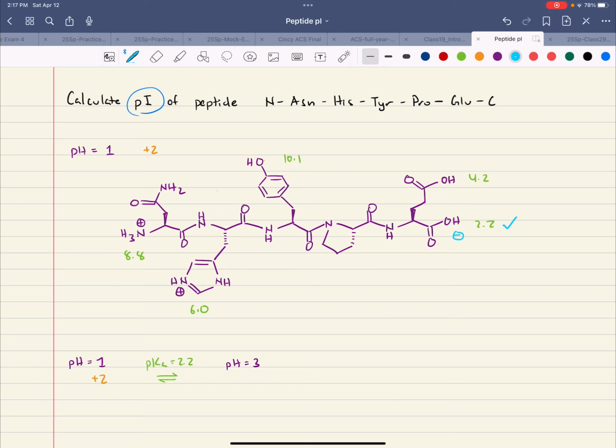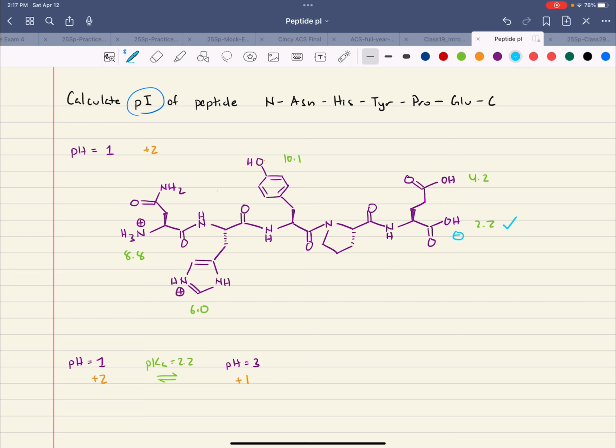And so at pH 3, what do we have now? Positive, positive, neutral, negative, neutral. So the positive and negative cancel out. We have a +1. And you will find out that every time you cross over one pKa border, you are removing a charge. You're getting more negative.